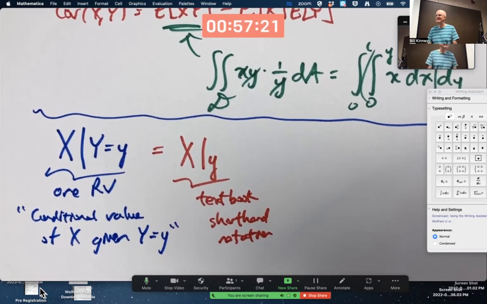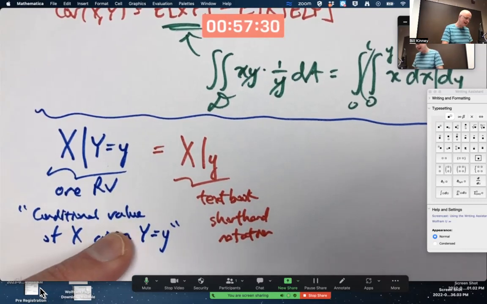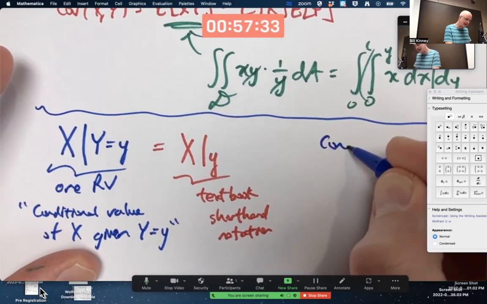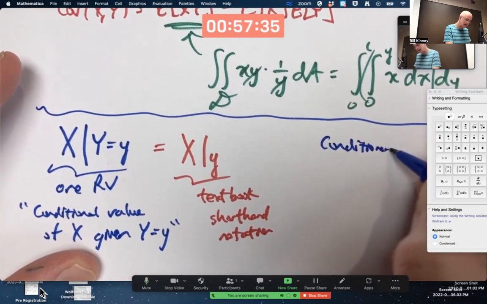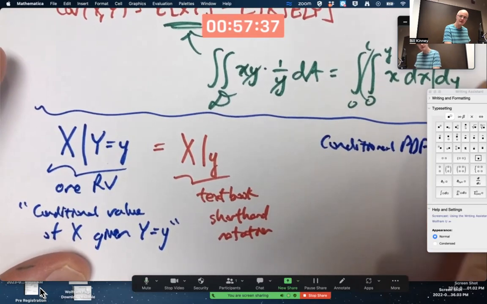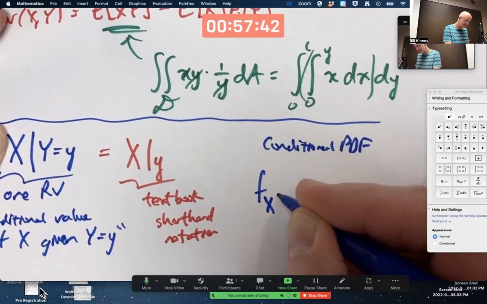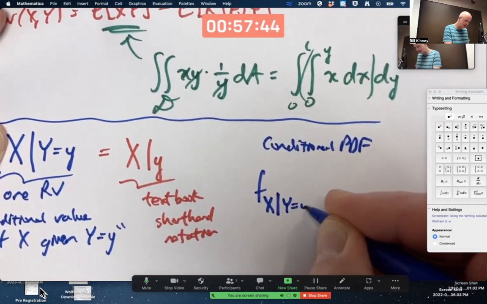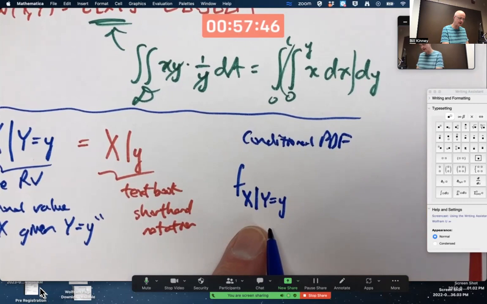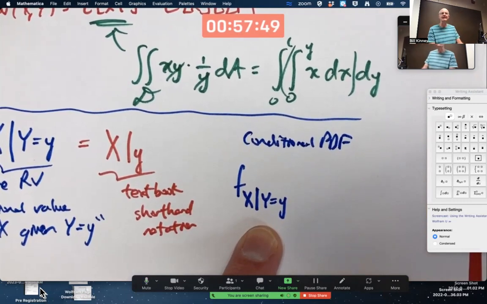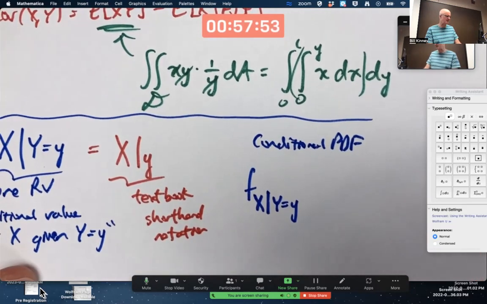Well, as always, you describe a continuous random variable by a PDF. What is the PDF? The conditional PDF, f sub capital X given capital Y equals little y. And again, our book uses the shorthand notation and just writes a little y there. It's the PDF for this random variable.